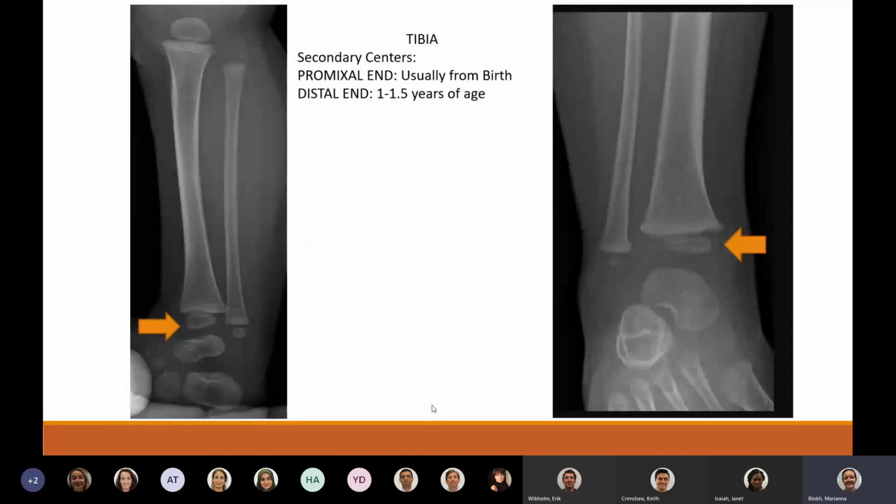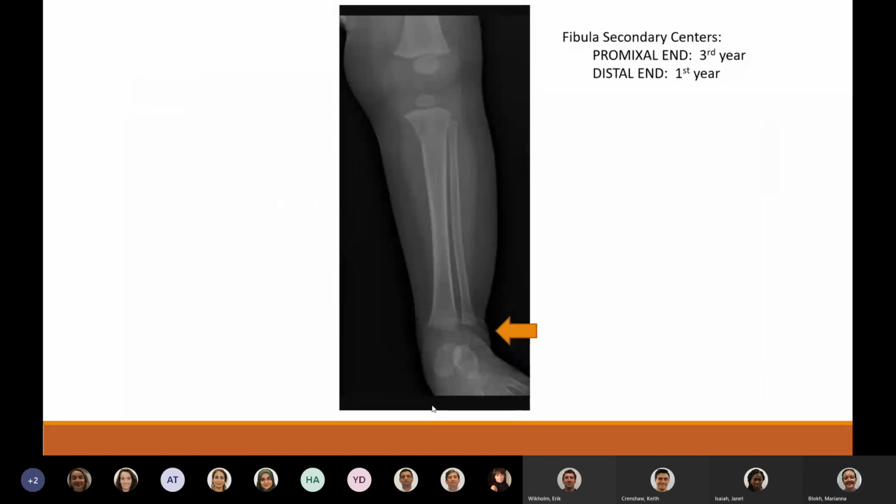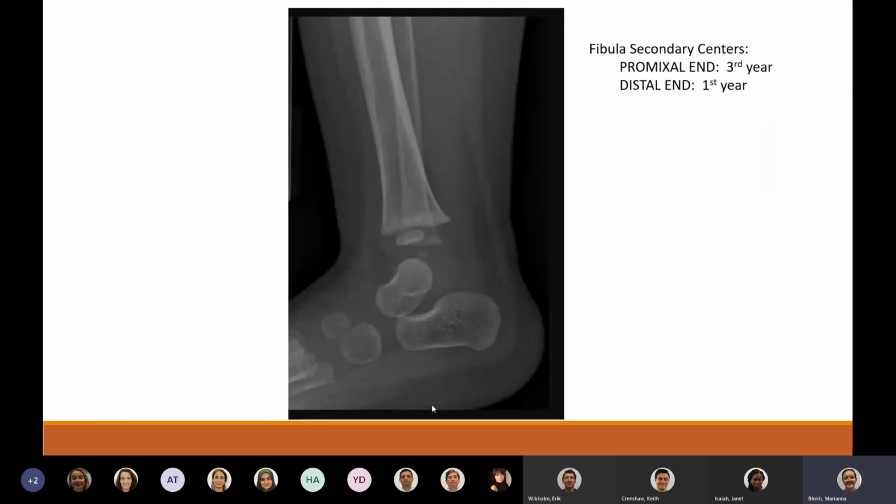What I like about it is that one of the high yield things is being able to identify ossification on radiographs. So I included in this lecture the whole ossification process of each bone and at what different ages, because you may be asked that on the boards. So you can go through it.